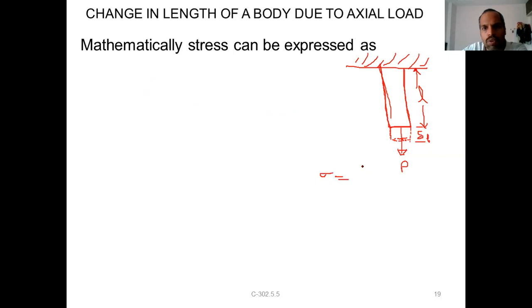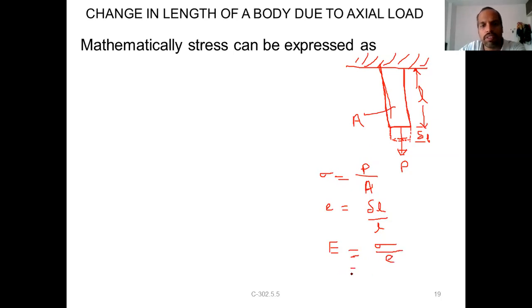Stress is equal to load by area, where area is A. Similarly, strain is equal to delta L by L. And we have one more equation from Hooke's law: Young's modulus E is equal to stress by strain.